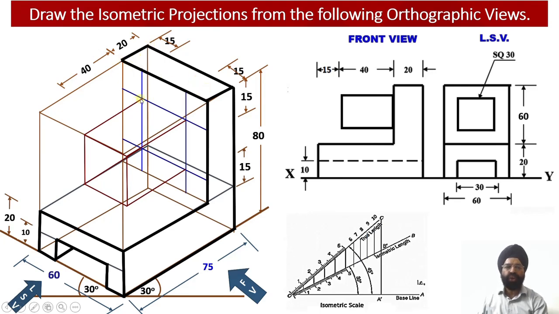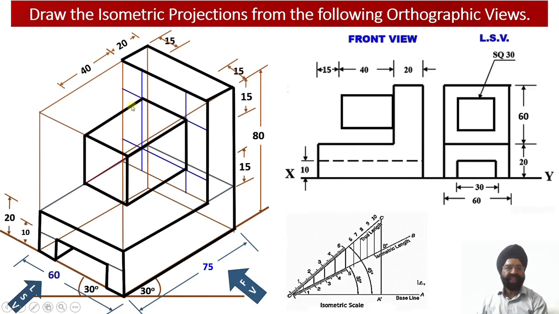Now we move on to the construction of the square web. Now this is the square web which is visible to the observer. Now we have darkened all the elements of the square web which are visible to the observer. So this edge is visible, this edge is visible to the observer.